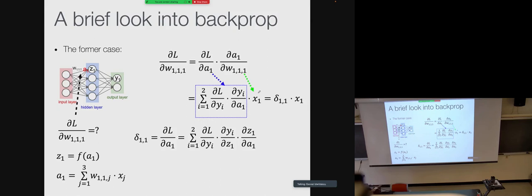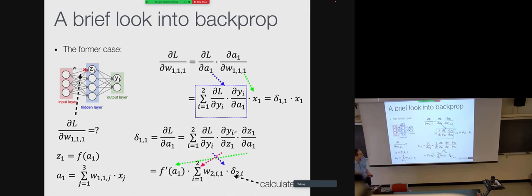So for those of you on Zoom, this term becomes this here. We introduce the Z variable, so dY over dZ times dZ over dA.